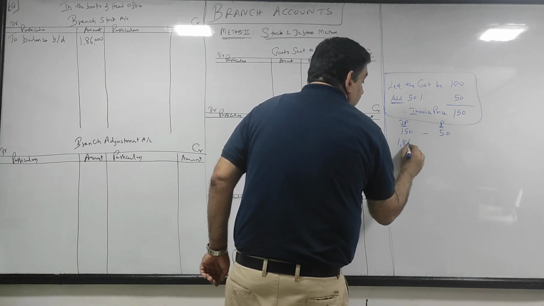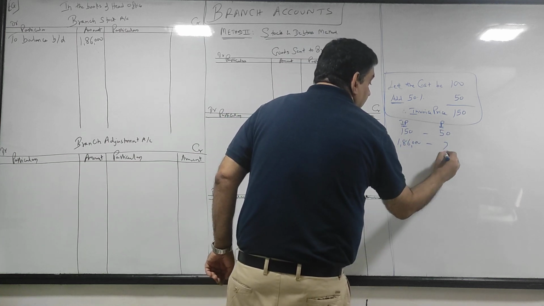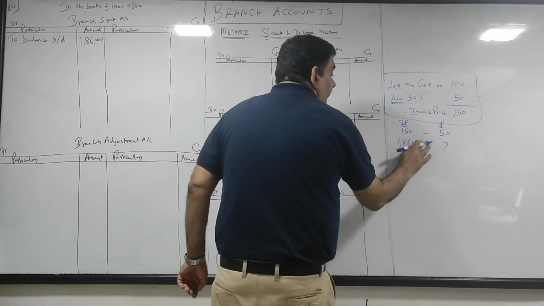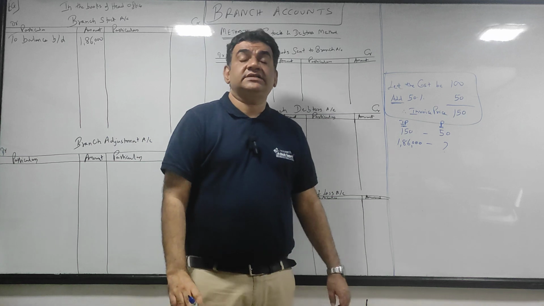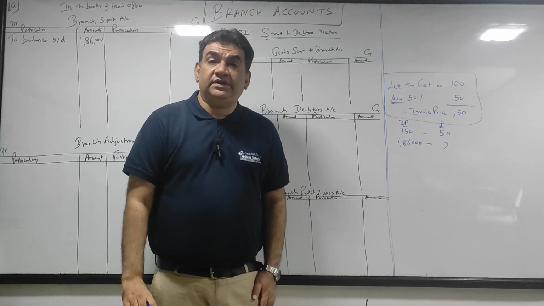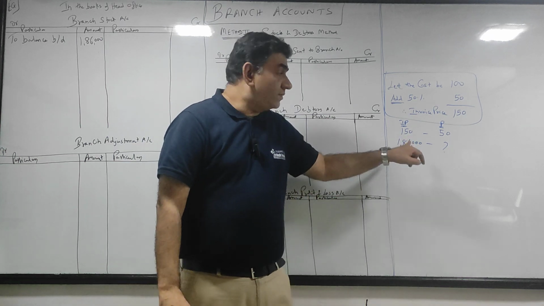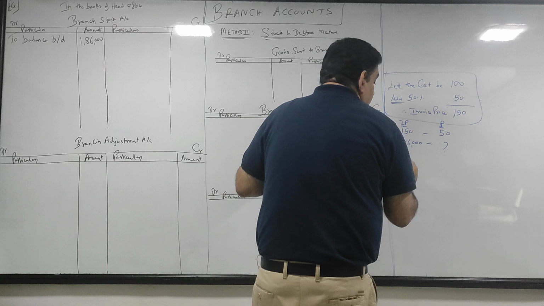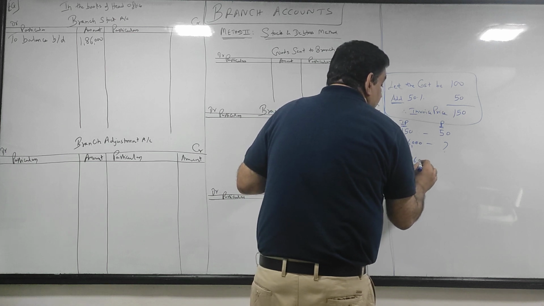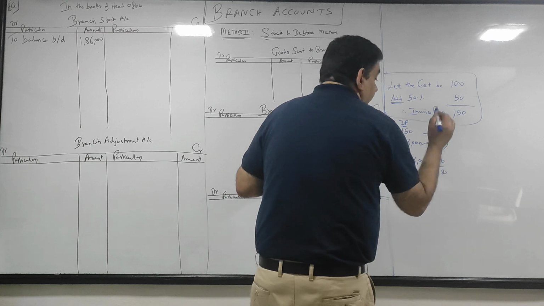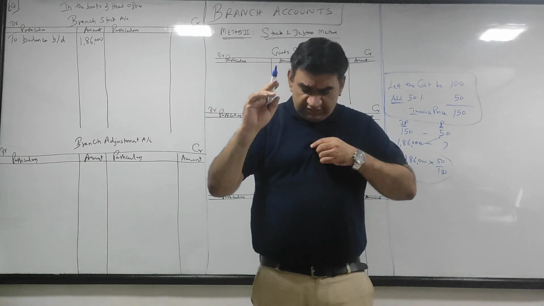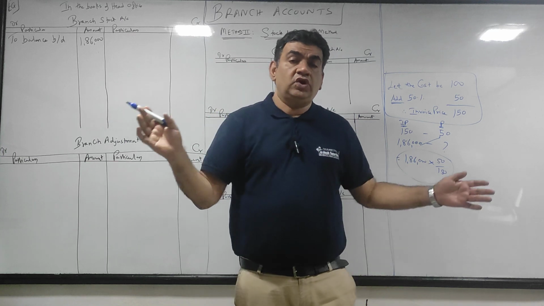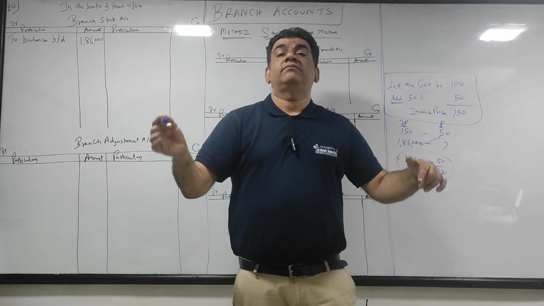So if my invoice price is 186, profit is how much? Getting it? Now see, by cross multiplying, it will be 186 into 50 upon 150. That means wherever you are removing the loading, you all know in the first method, loading means profit included.